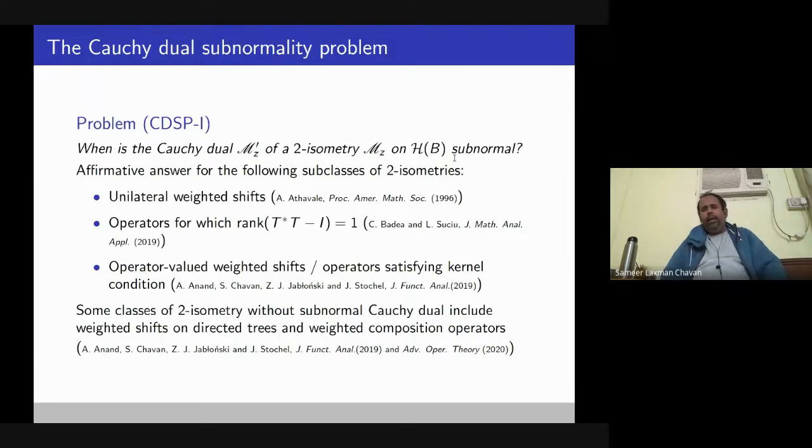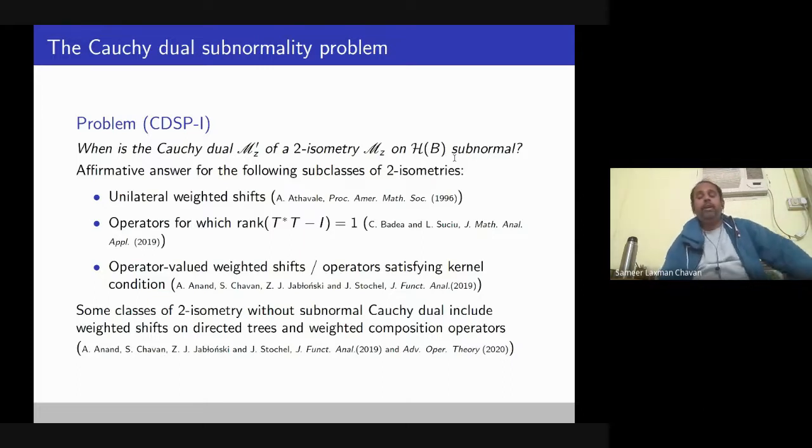This fact is attributed to various people, Schoenberg, Bernstein, so many people. It has been in the literature for several decades. And if the Cauchy dual subnormality problem has an affirmative answer, then it has very interesting implications to spectral theory and function theory as well.